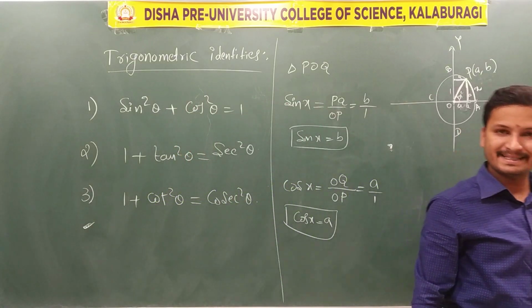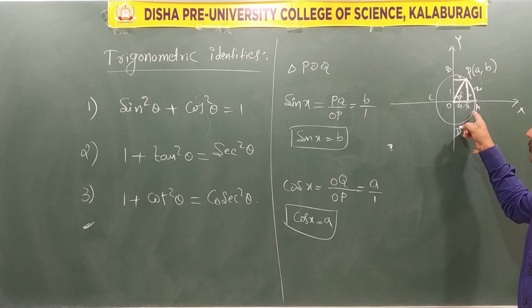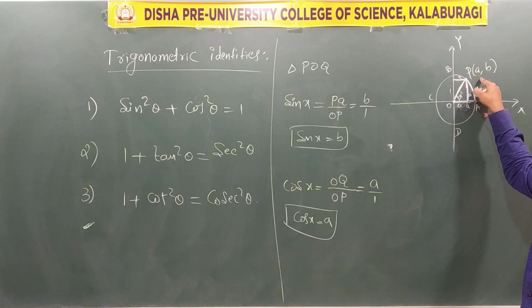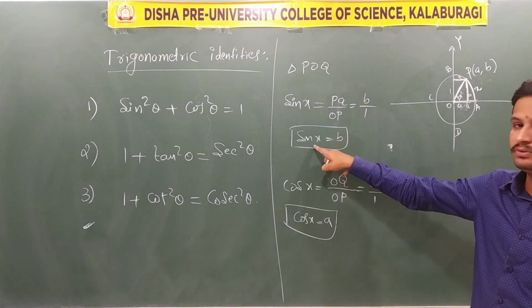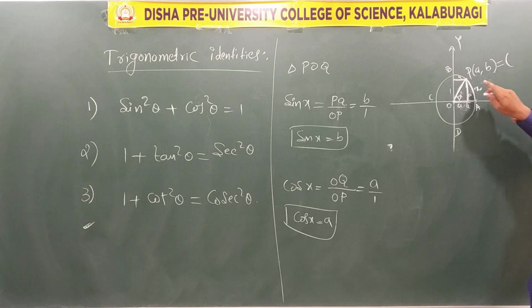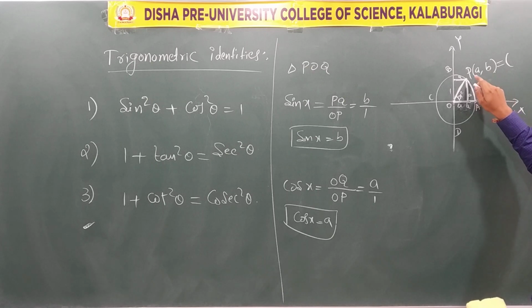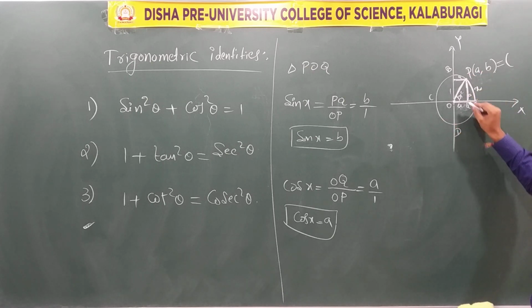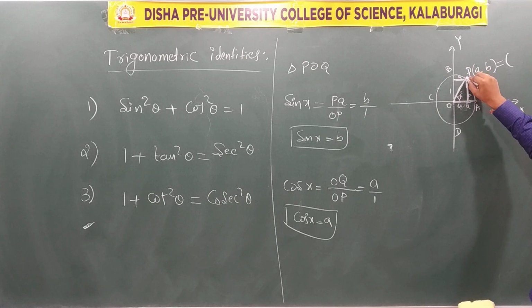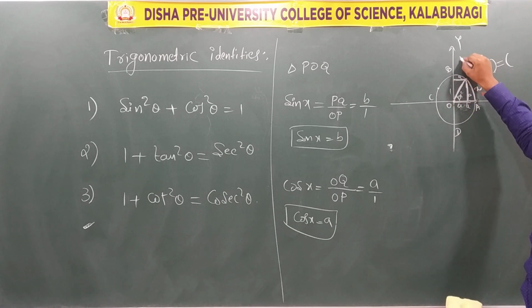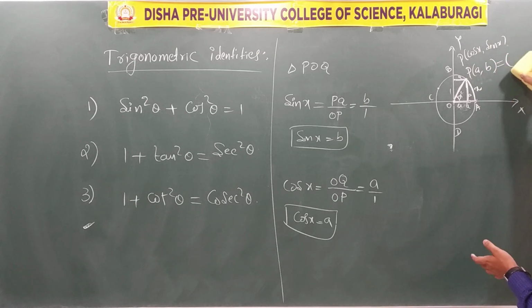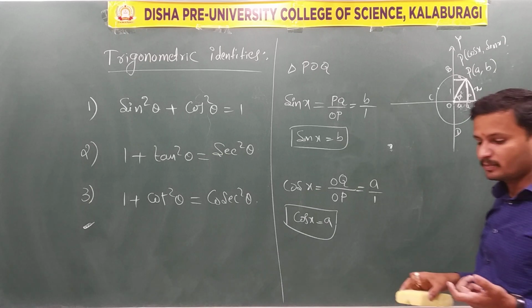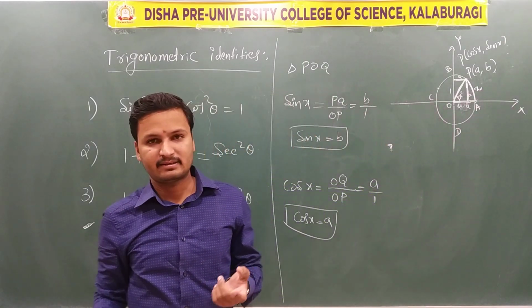So in a unit circle, P be any point whose coordinate is A comma B. Then A is equal to cos x and B is equal to sin x. So the coordinates of any point P, an arbitrary point, are cos x comma sin x. Any point on a unit circle has coordinates cos x comma sin x.